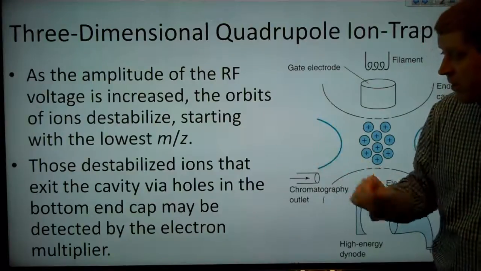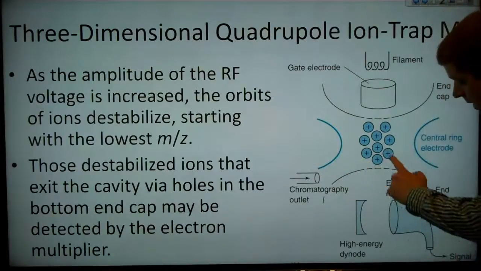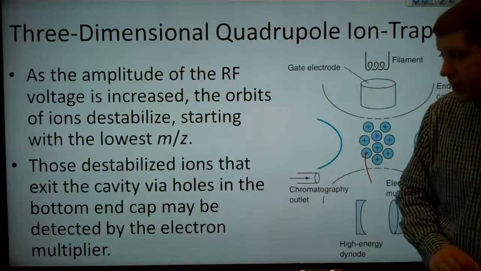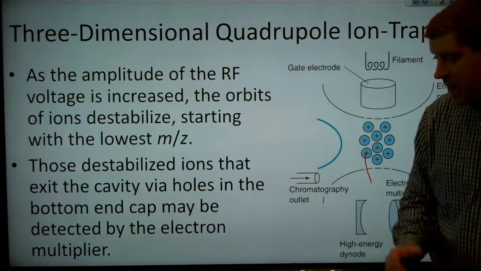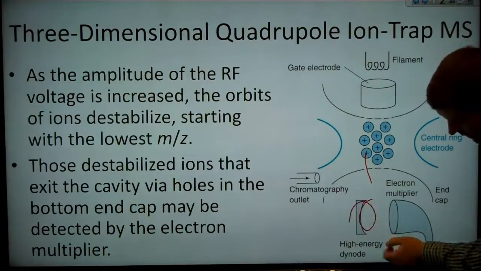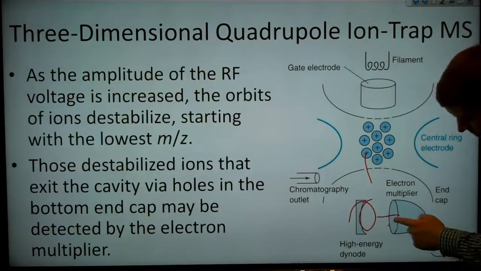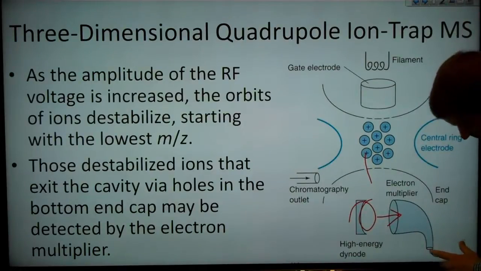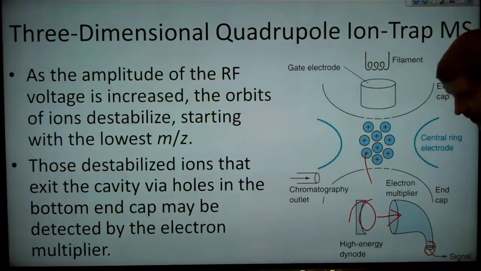And those destabilized ions then exit the cavity through the bottom here, through holes in the bottom end cap, and can then be detected by the electron multiplier down here. So they'll strike our high energy dynode there, and then those electrons can travel in to our continuous dynode electron multiplier over here and strike the detector down there.